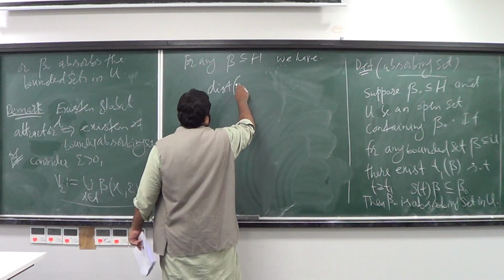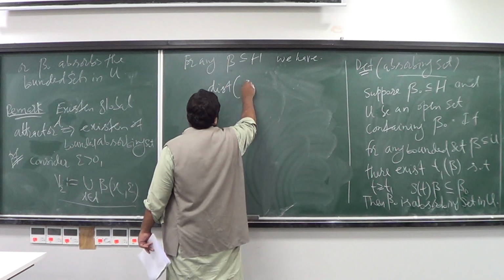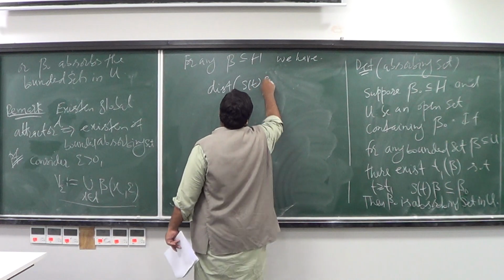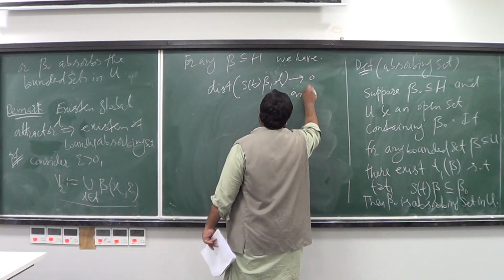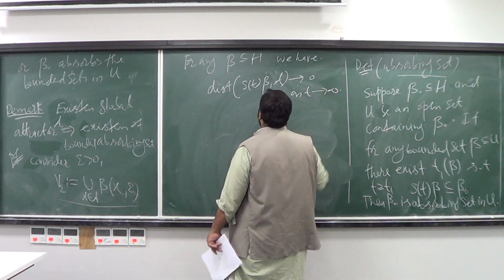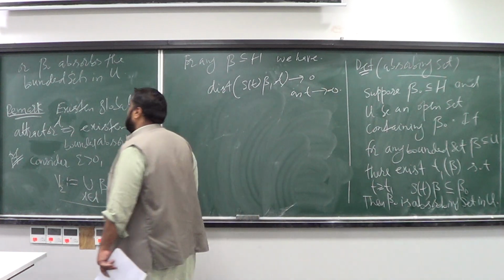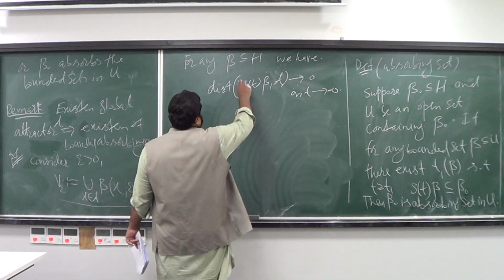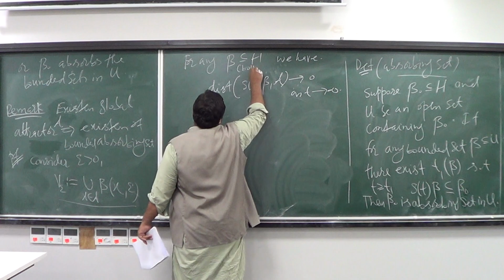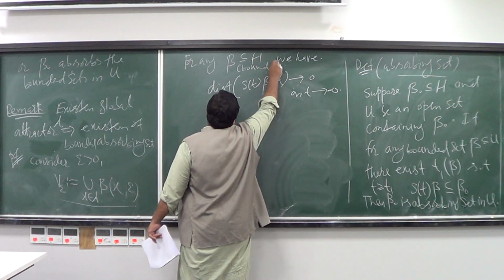This bounded set B is going to be uniformly attracted by A as t goes to infinity in the long run. This follows from the definition, since B is bounded.